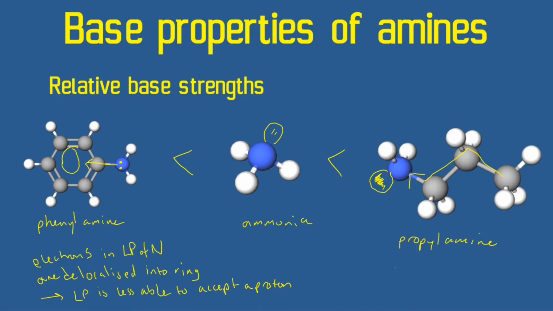For propylamine, the alkyl chain has a positive inductive effect. So it increases electron density on the nitrogen, or of the nitrogen lone pair might be a better way of describing it. So then it is more able to accept a proton.